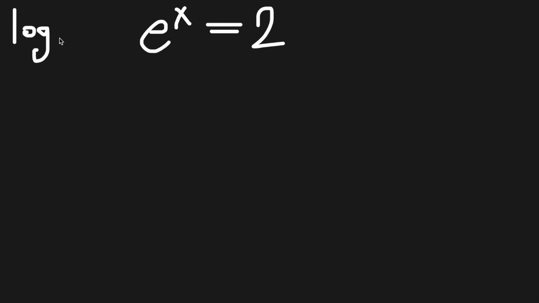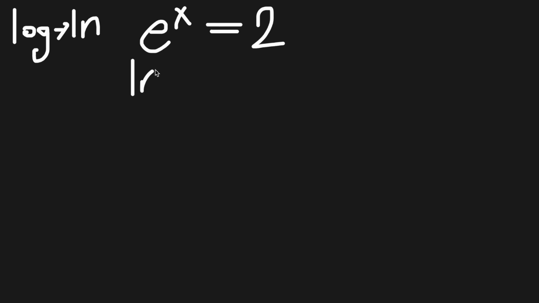Now we're going to move on. Since we talked about log base 10, now we're going to be talking about natural log. Here's an example: e to the power of x equals 2. Similar to how it was with our log functions, we're just going to equate that to natural log.